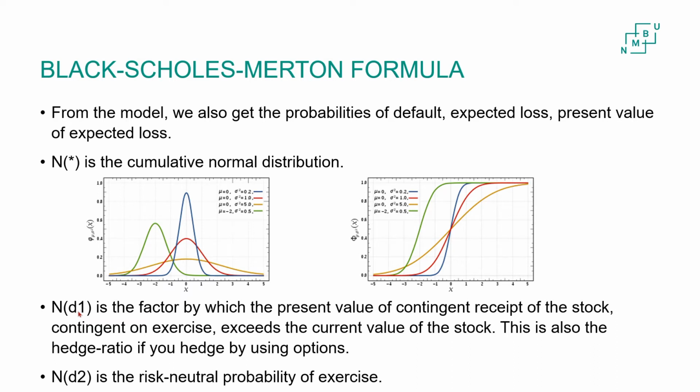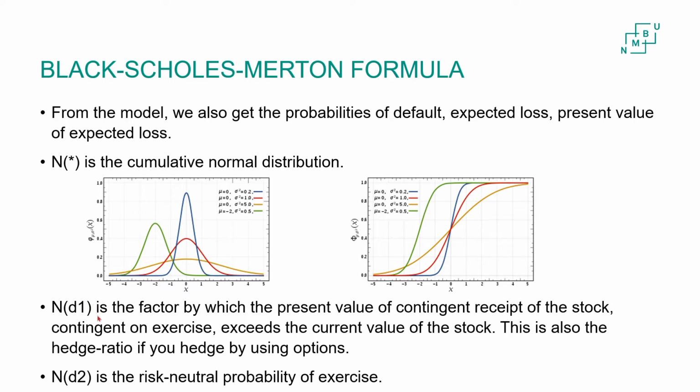What you can say about N(D1) is that it's called the delta of the option, and this is how much the option's value will change given a 1 unit change in the underlying, which is the stock or the asset value.